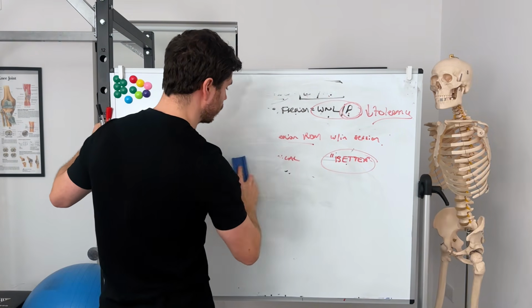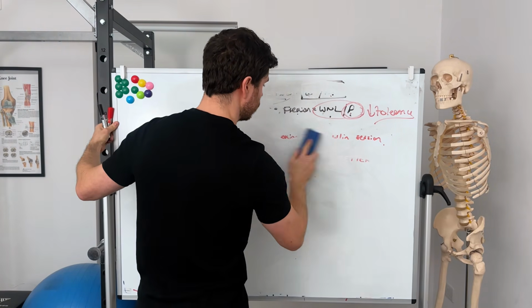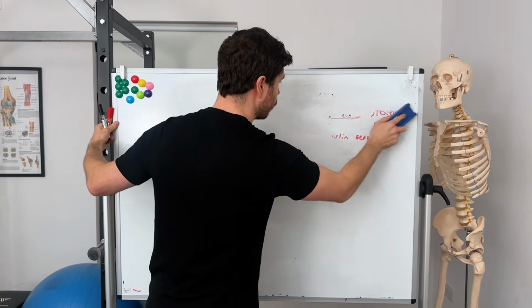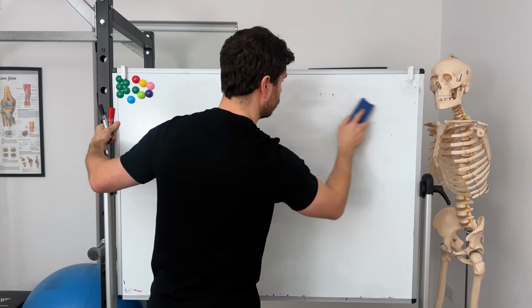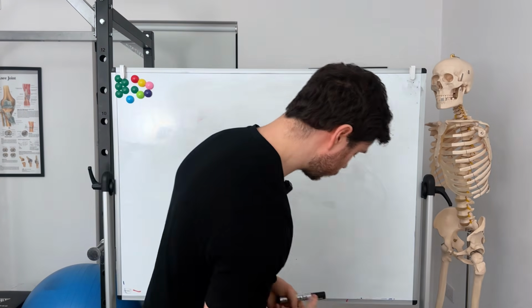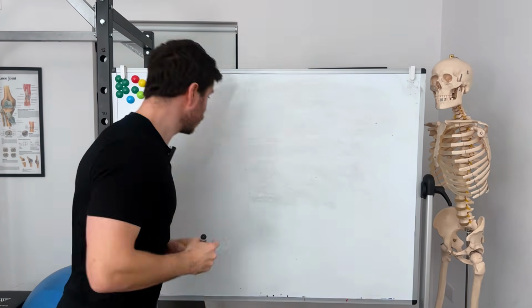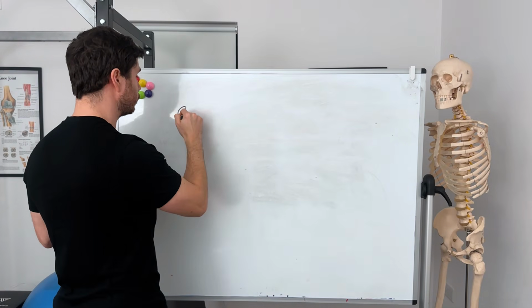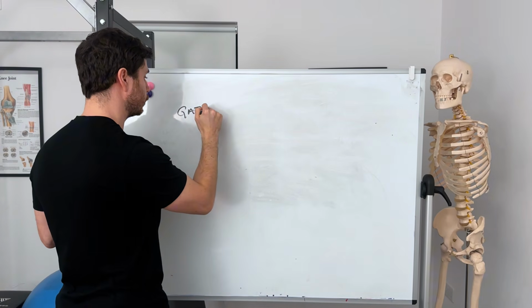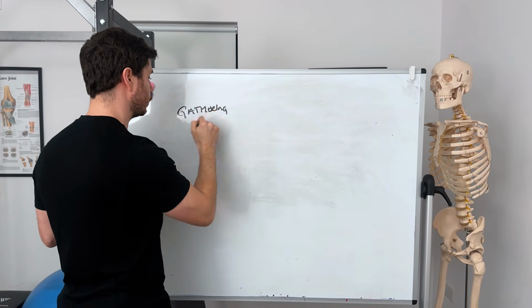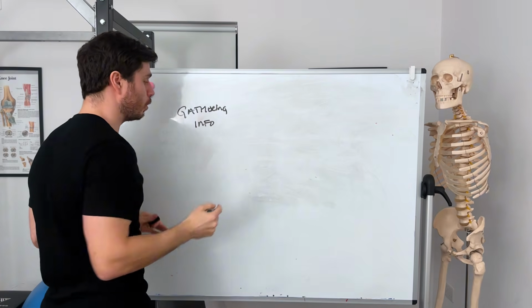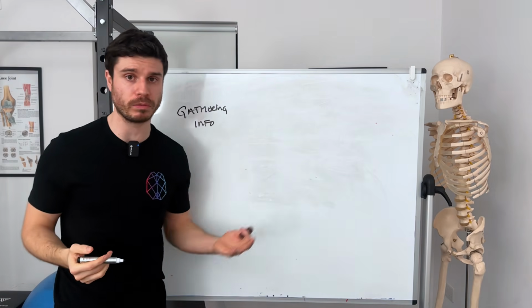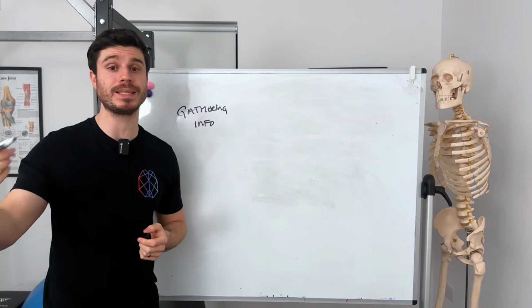So generally, the process here involves gathering information. We do this from the person's story, their subjective information, and the objective movement exam.